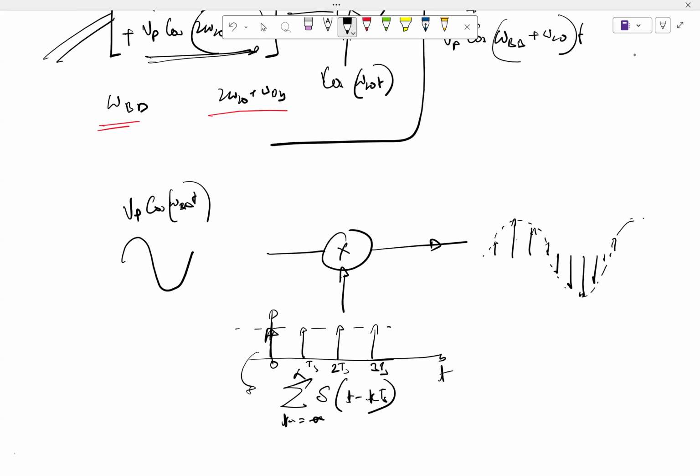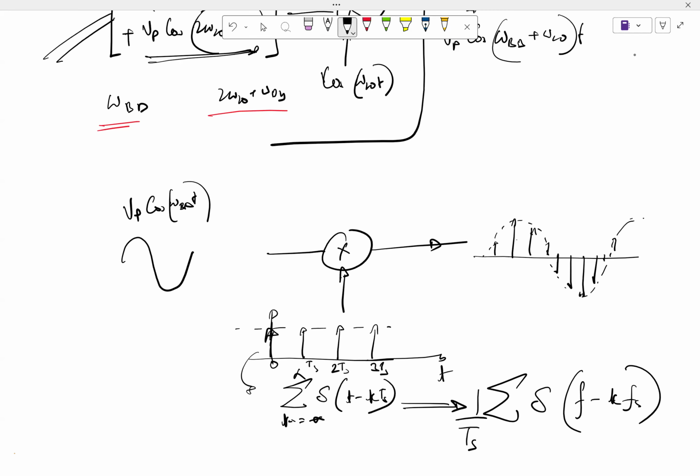And again, from basic circuit theory and basic signal processing courses, we understand what the spectrum of this is. Impulses. It's also an impulse train, delta of f minus k by Ts, or k fs, and you have a scaling factor.